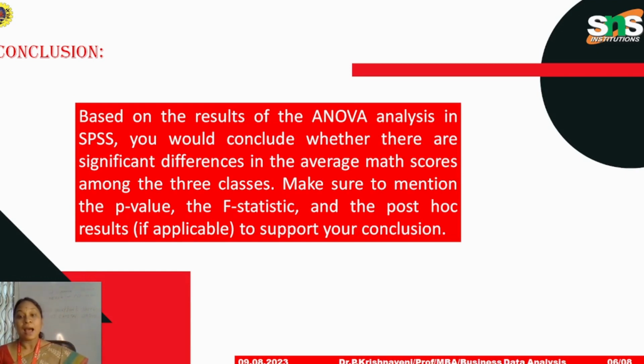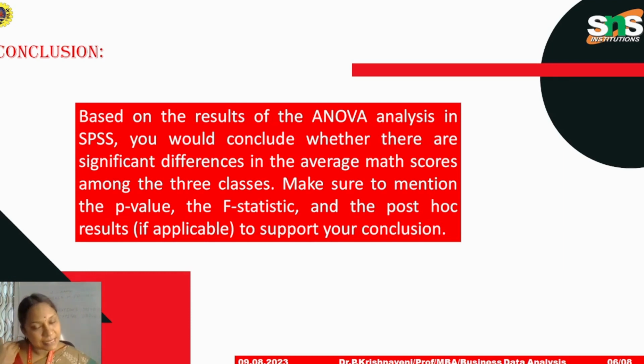Here we have to make sure that the p value and the F value both convey the same thing. If the p value is less than 0.05, we reject the null hypothesis, and obviously we have to go with the post hoc test. If the p value is greater than 0.05, we accept the null hypothesis and reject our alternate hypothesis. Then there is no need for a post hoc test. This is another important thing to keep in mind.